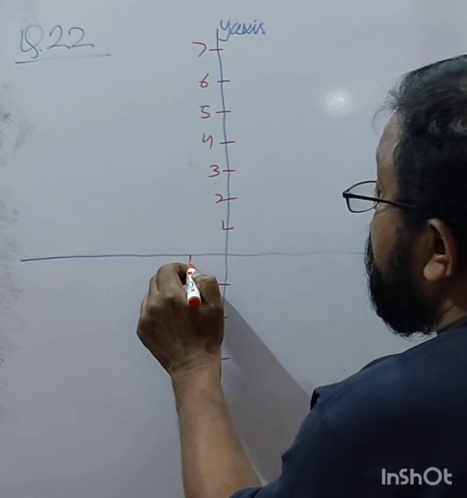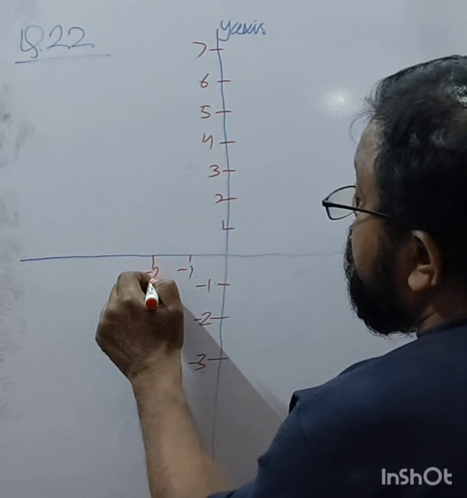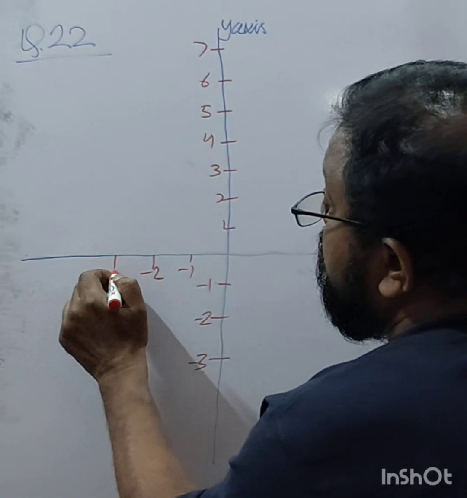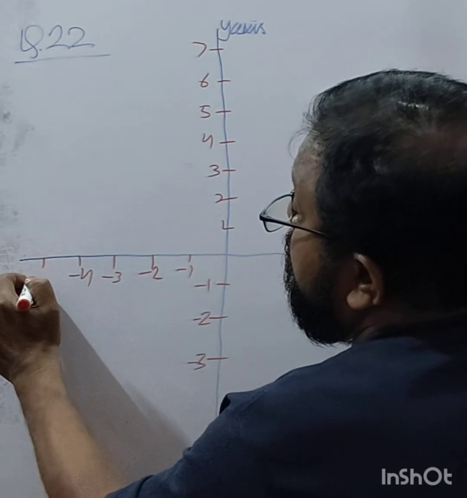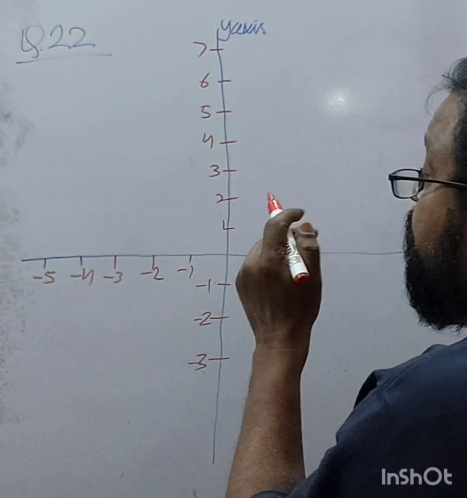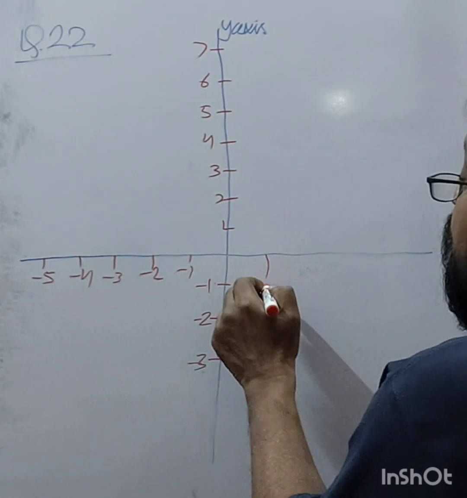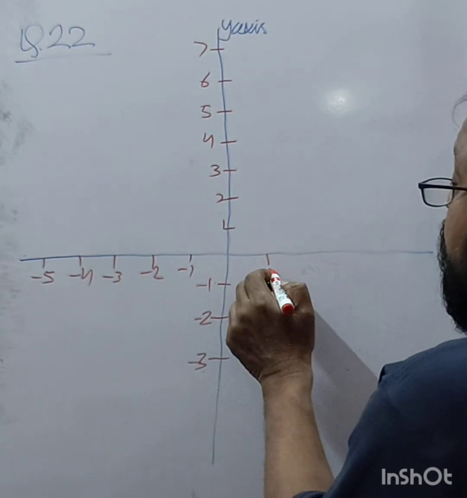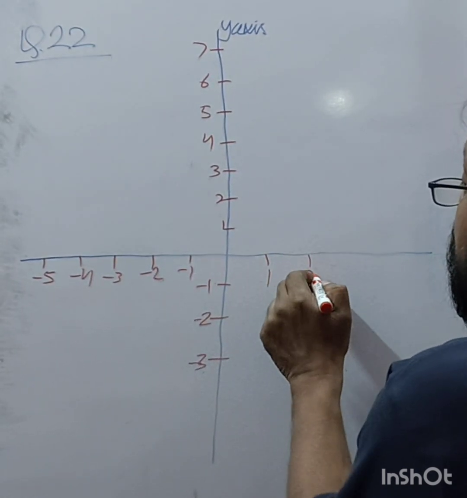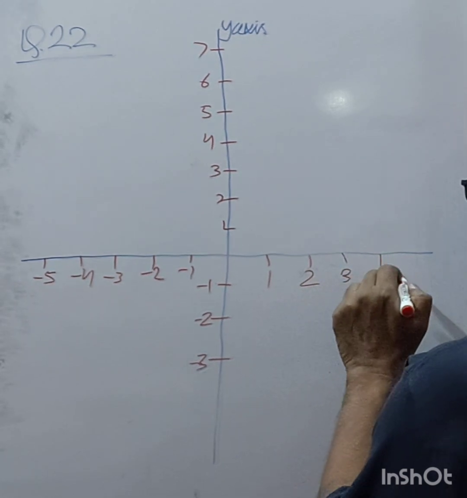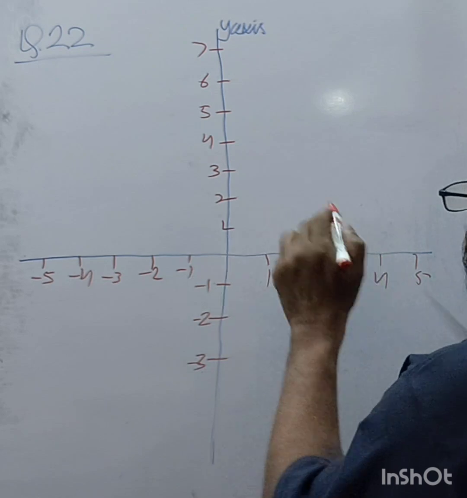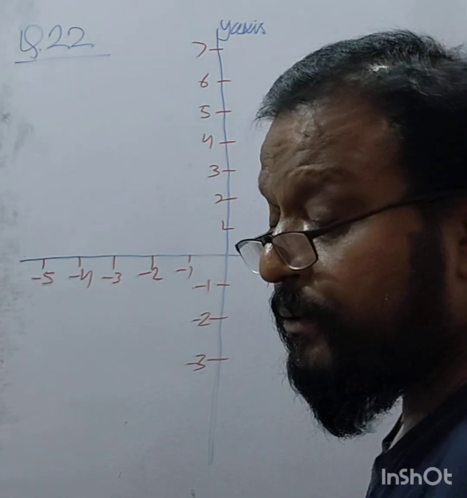We have -1, -2, -3, -4, -5. We have 1, 2, 3, 4, and 5. What are the coordinates given to you?